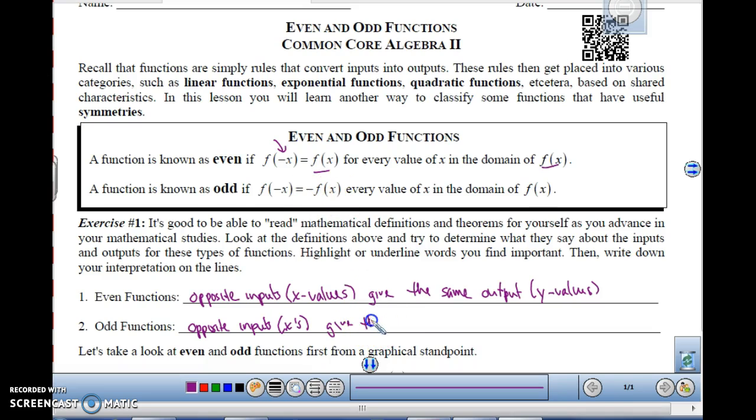It's going to give the opposite output, which would be the y's. Okay? So if you take a function, you put something into it, if it's odd, you get an output. If you do the opposite of that same input, you're going to get the opposite output. So let's look at it first from a graphical standpoint and see if this makes it a little more clear.